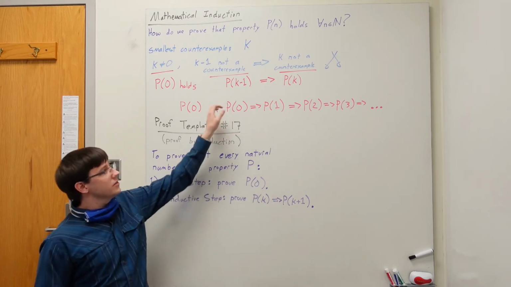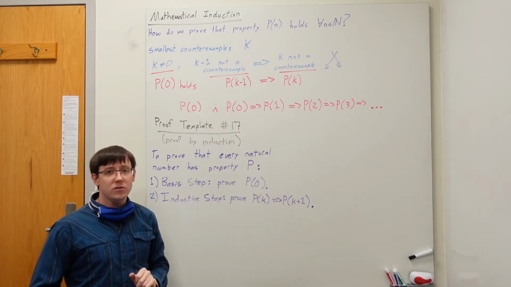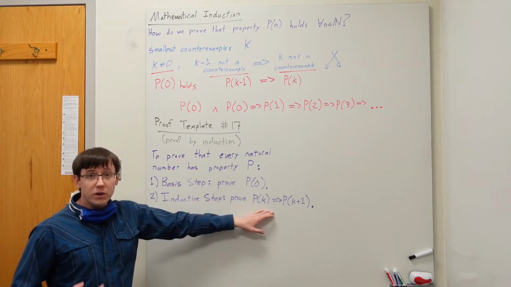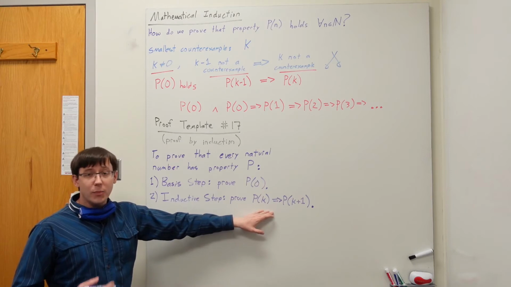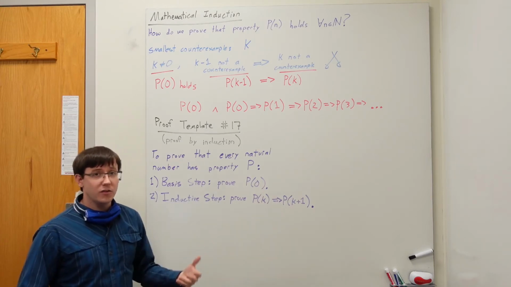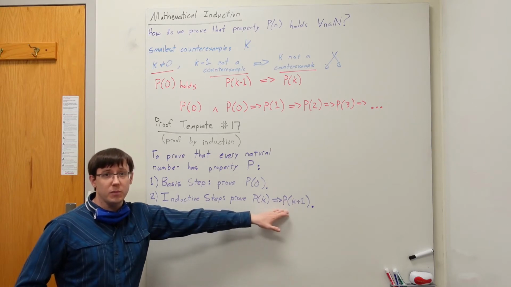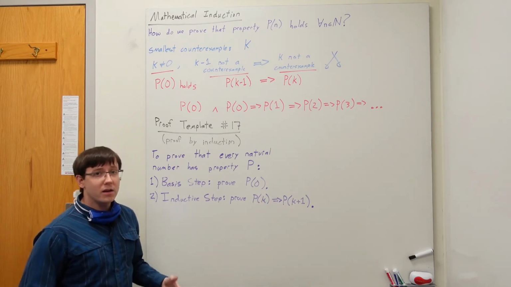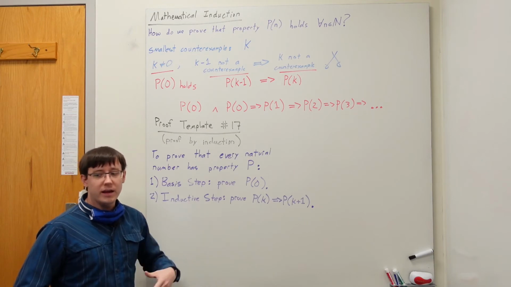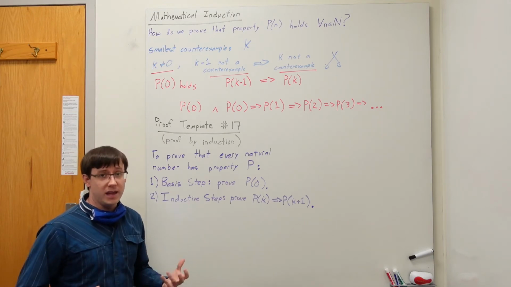And this gives us our chain of implications that shows that the property holds for every natural number. In principle, we could use any approach we want to prove this implication, and we've seen lots of proof templates for if-then statements. But we can fill in a particular proof template to help us get going, namely direct proof of an if-then statement.